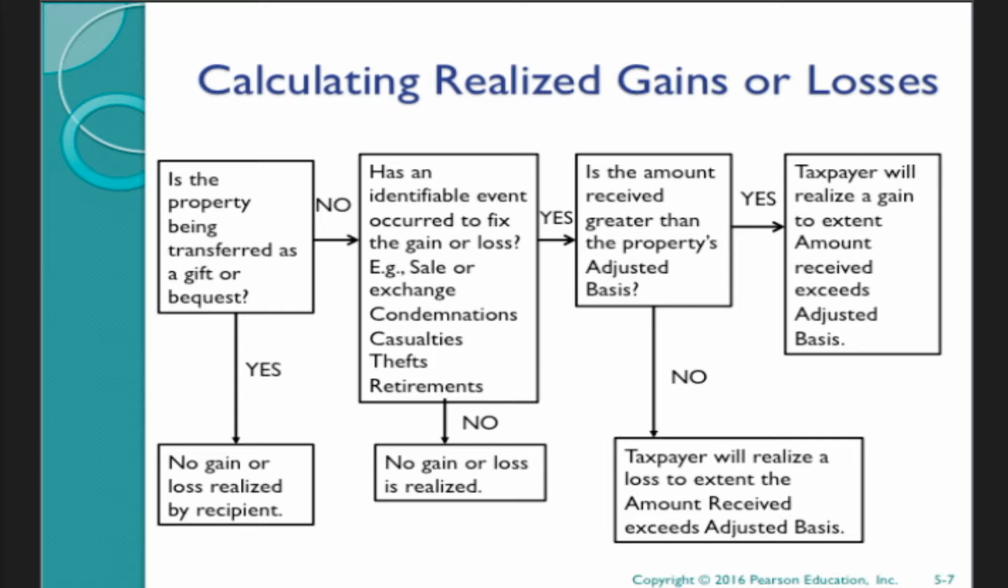Before I get too much farther in here, I think I've mentioned this before, but it's worth mentioning that this idea of gains and losses, short-term, long-term, capital, ordinary, etc., is a pretty complex concept. And we won't dive too deep into the nitty-gritty details of that in this class.